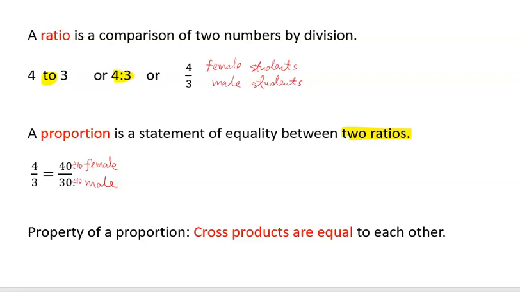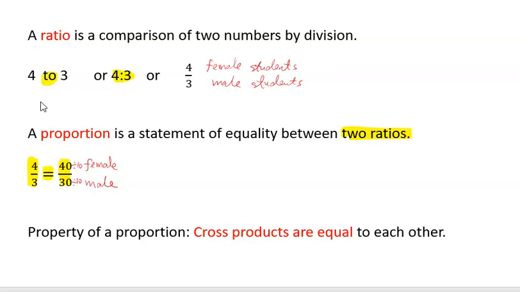As you can see, the left-hand side is a fraction, which is also a ratio, and the right-hand side is also a ratio. Notice they are equal to each other. That's what we call a proportion. A proportion simply is two ratios that are equal to each other.